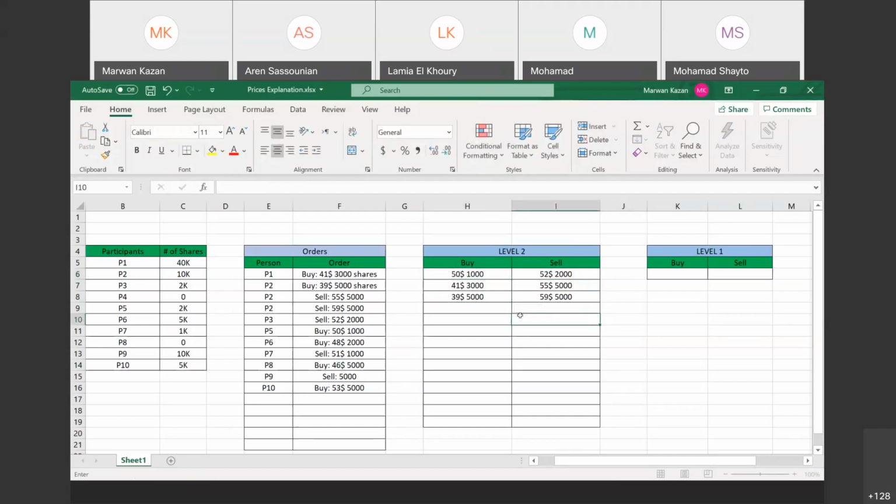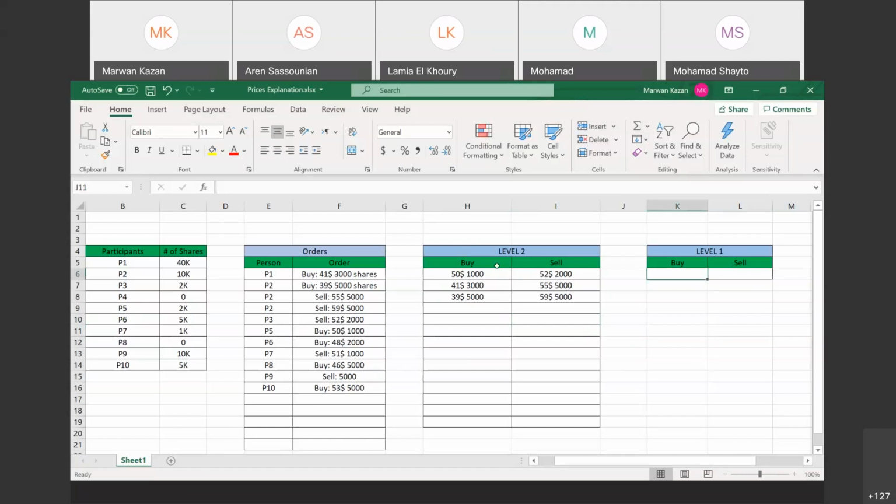Now here, guys, let's analyze something. There is nothing bought and sold yet. There were no two people matching in order to trade. So if you look at the chart of this stock, you won't see anything. It's an empty chart. Now let's talk about level 1. What is level 1?